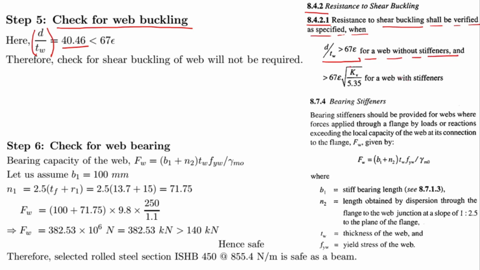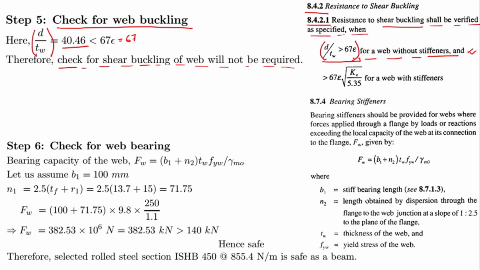So as in this case no stiffener is used, we have to follow this line. So in our case D by TW is less than 67 epsilon or 67. Therefore, check for shear buckling of web will not be required. It is required when D by TW is greater than 67 epsilon.